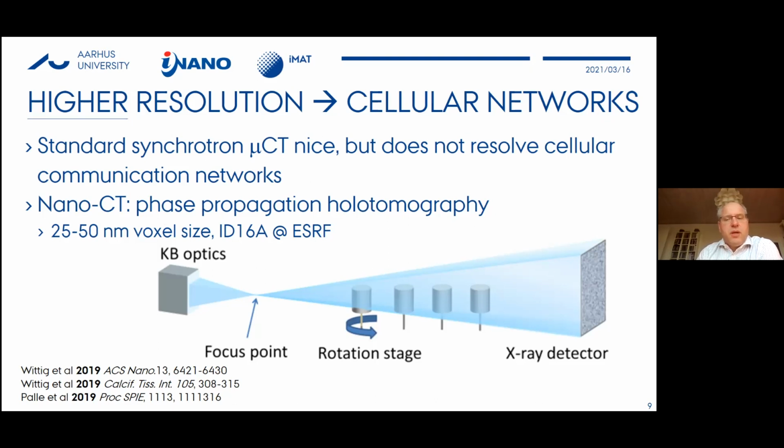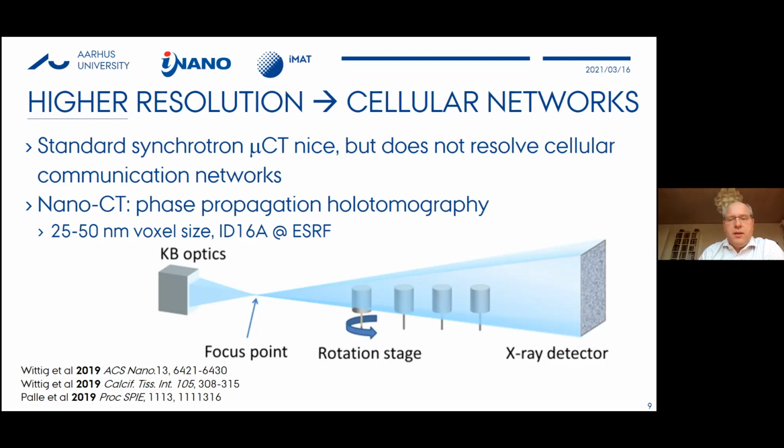And so there are 2 sort of main ways of doing this. One is called ptychography, which I will not talk about. And another one is called phase propagation holotomography, or say phase contrast tomography. So in phase propagation holotomography, you focus the X-ray beam, which provides an optical magnification, and then you place the sample at various distances between the focus and the detector. And when it's very close, you measure mostly absorption.